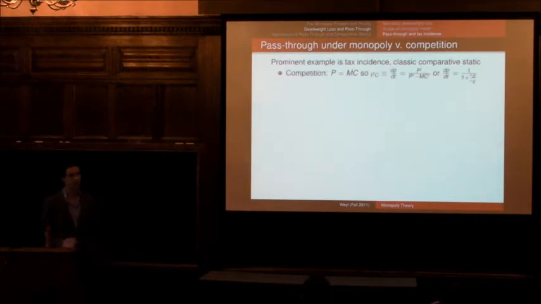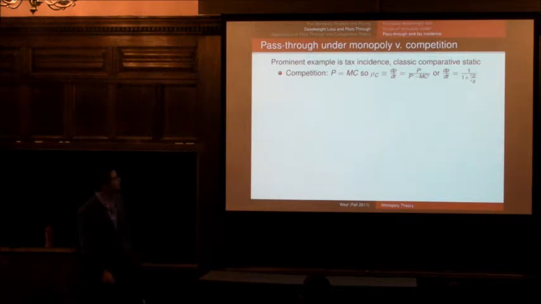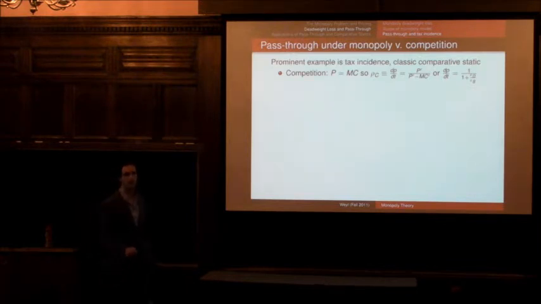And just to review, let's think about how we do this in the case of competition. So in competition, price is equal to marginal cost. The tax raises the marginal cost by a unit. So we can derive the effect that a tax has on price by using the implicit function theorem.